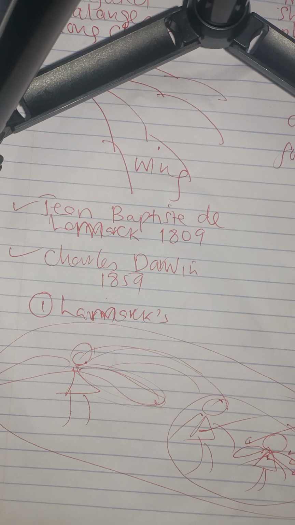Another example of Lamarck's theory is the appearance of the flightless birds, such as the ostrich, the emu, and the kiwi. You see, we are told that the ostrich, emu, and kiwi initially used to fly. They had normal wings for flight, but they disused their wings.